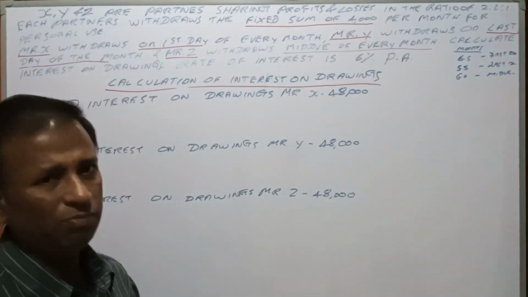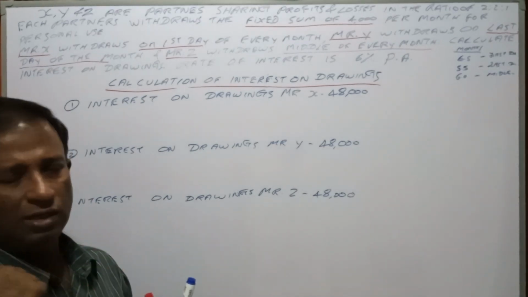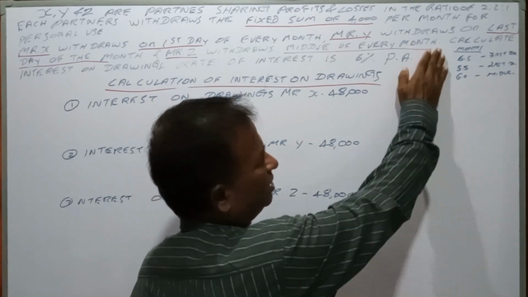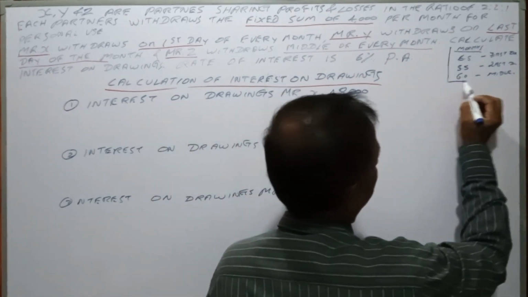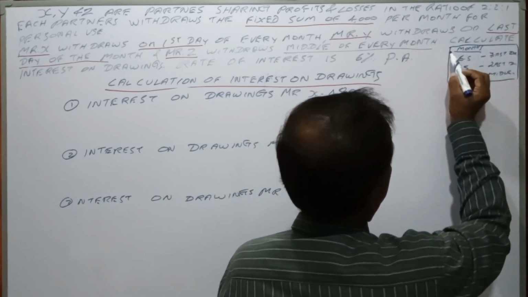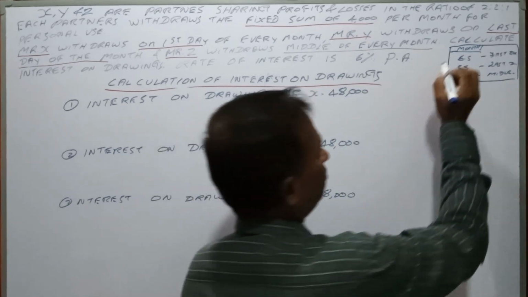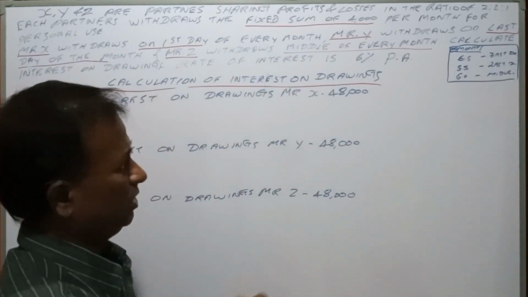No, don't skip, and don't waste your time going into deep calculation. This is the easiest calculation. This is the thing you have to keep in your mind, the number of months you have to take into consideration.